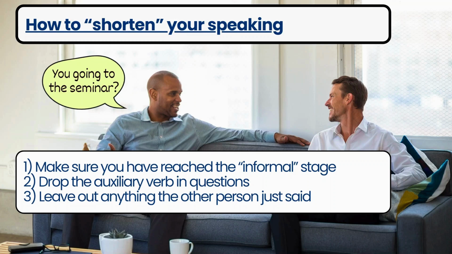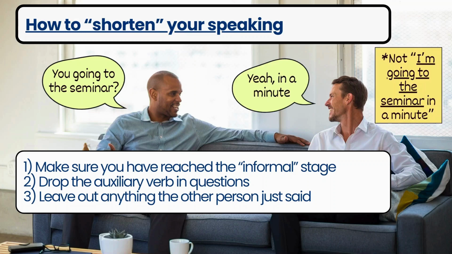So when the man on the right responds to the question, he might respond like this. Yeah, in a minute. He would not respond, yes, I'm going to the seminar in a minute. When you become more informal, you tend to leave out the details that you both know exist, and you shorten your grammar accordingly.